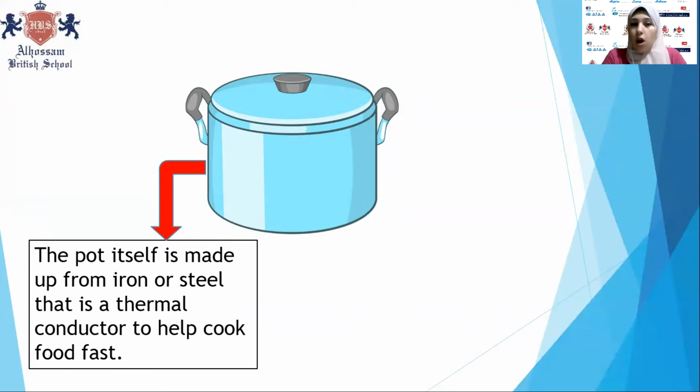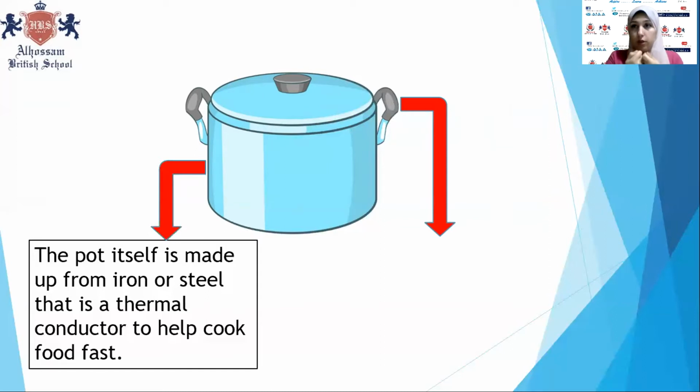Excellent. Because we need to cook food fast, and the iron and steel are thermal conductors. Okay, you got now what's meant by thermal conductor? Okay, look now at the handles of the pot. You're holding it, you're taking it between your hands.